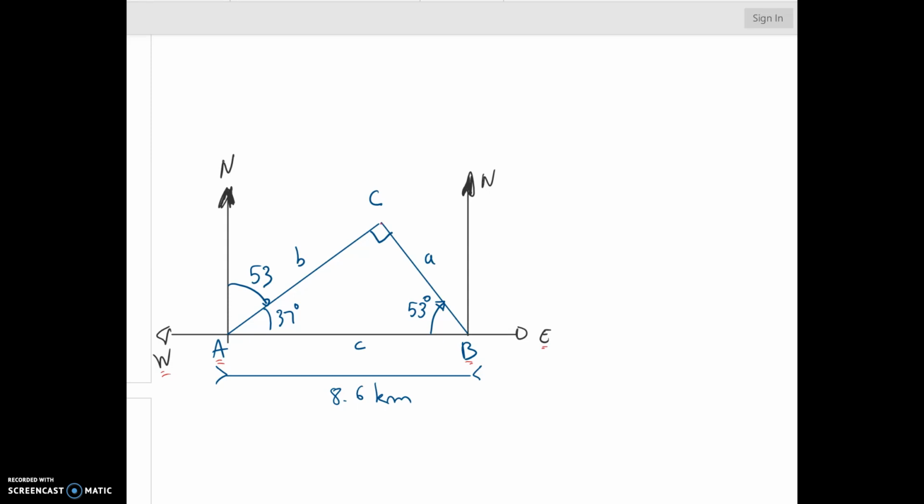And station B detects the same airplane on a bearing of 323 degrees. So the bearing of 323 degrees is going to be right here. This is 323 degrees for the bearing, while right there the bearing is only 53 degrees.